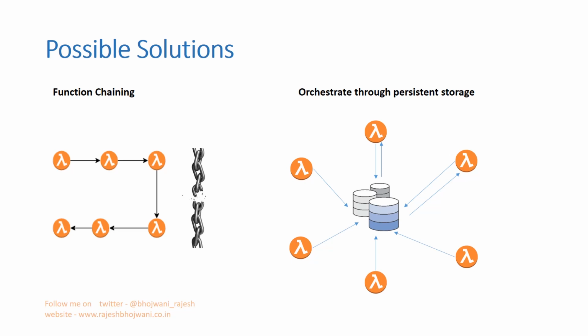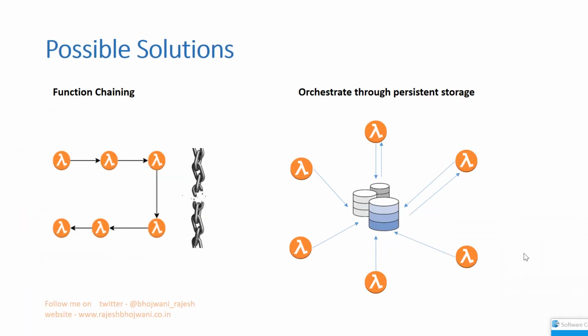If you want to run a sequence of tasks, then you have to do function chaining, calling one Lambda function from another Lambda function. But suppose one of the Lambda functions fails, the chain is broken, then how do we handle it? That solution is not available right now.